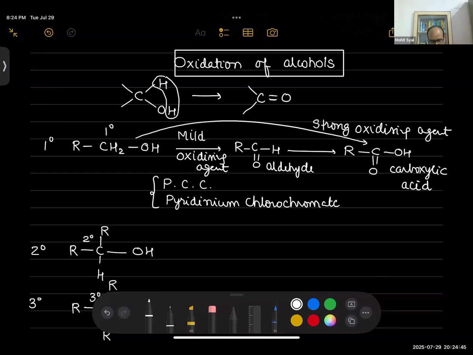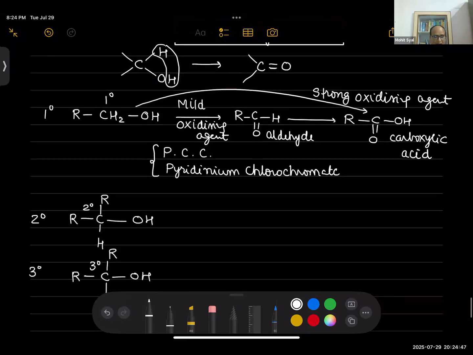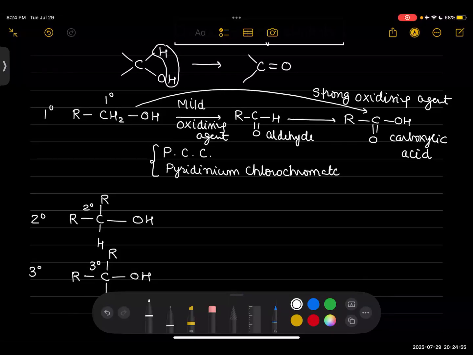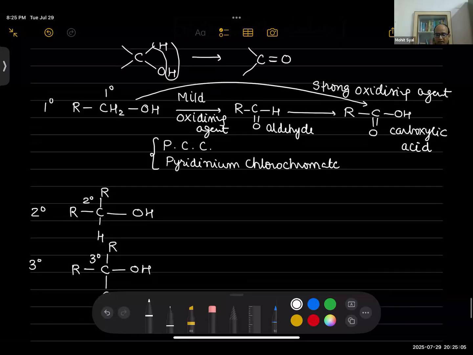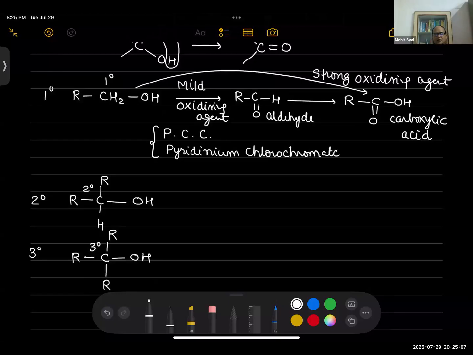No, it is weak, right? It is a weak oxidizing agent. Got it? Is it clear or not? Weak oxidizing agent or mild? And because it is mild, the reaction is going to stop at aldehyde only. Is it clear?